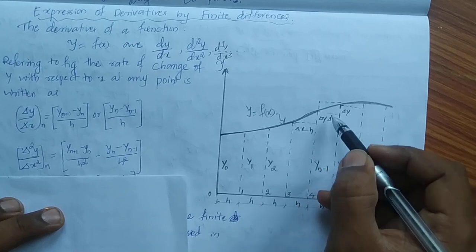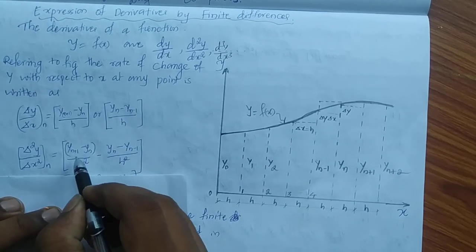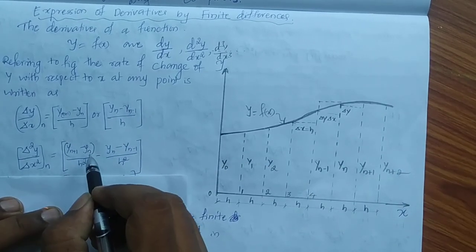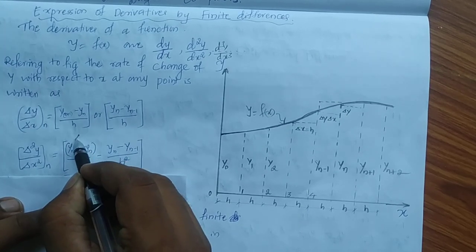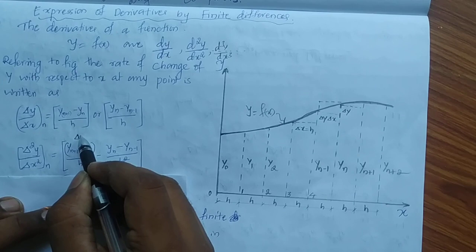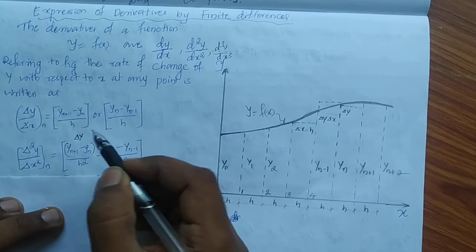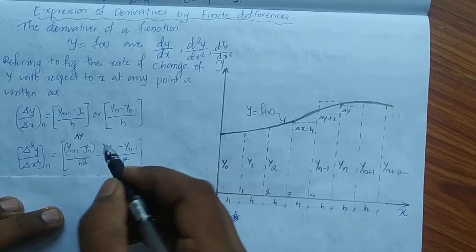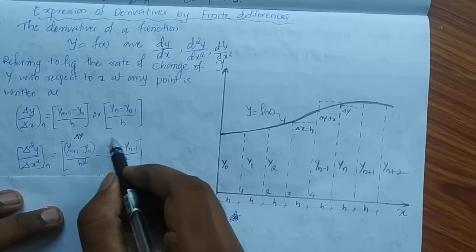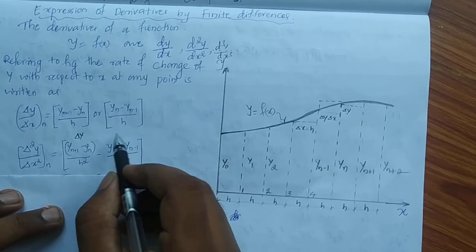So it is the difference of differences. This will give you delta y n, minus one more delta, so that difference is the second order.